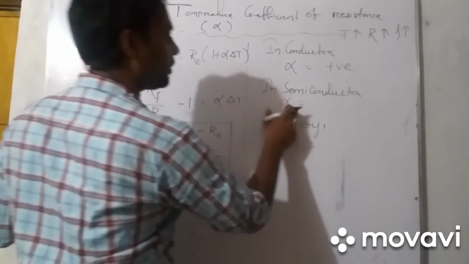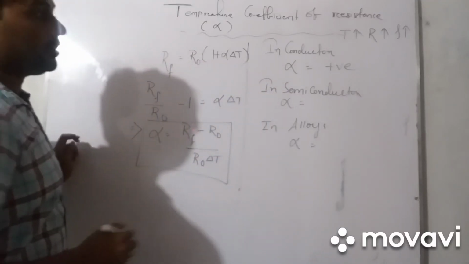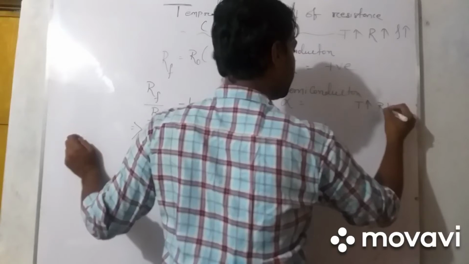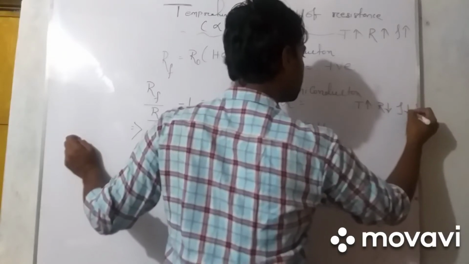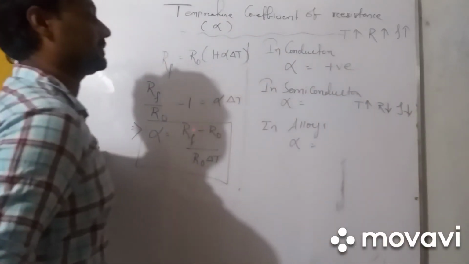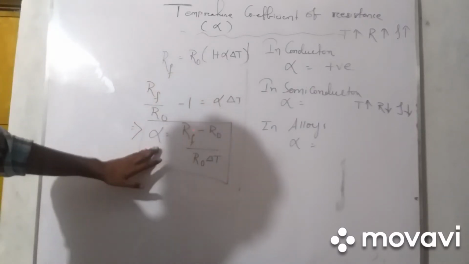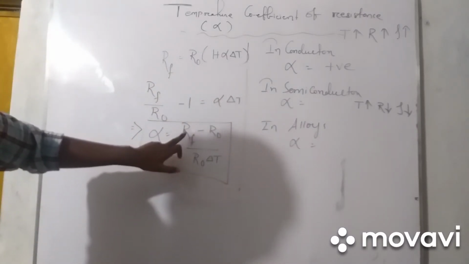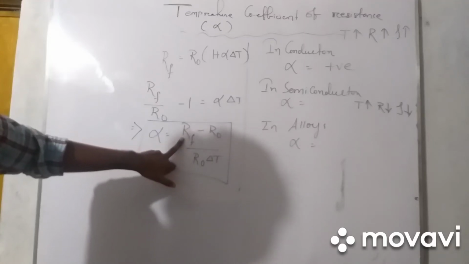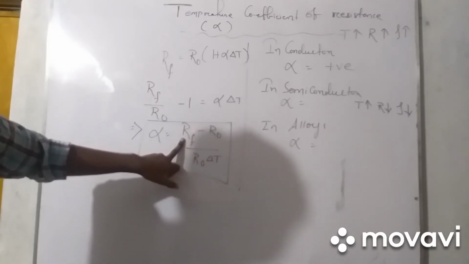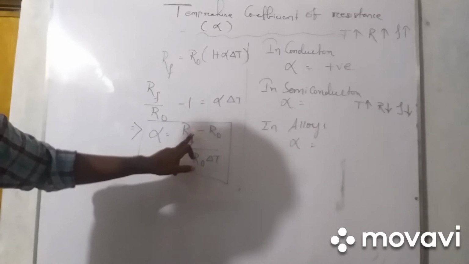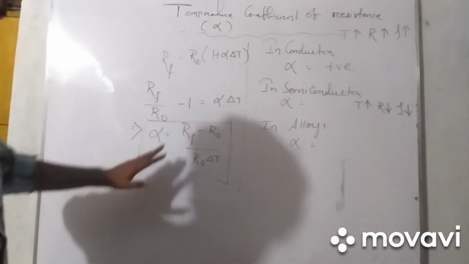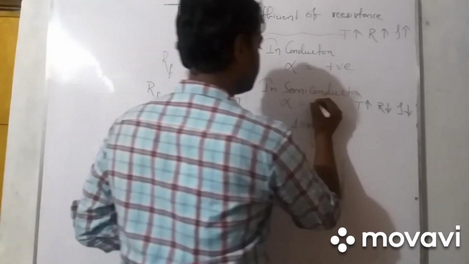Now in semiconductor, when temperature increases, resistance decreases, and resistivity also decreases. So the final resistance becomes less as compared to the initial resistance. That means alpha becomes negative.